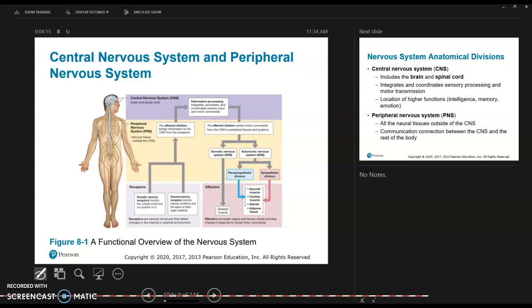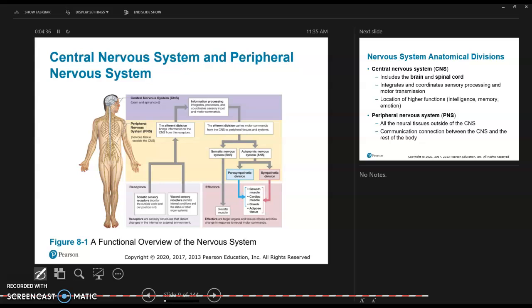So receiving information and then determining what to do with it, basically. And the peripheral nervous system is everything that extends out from the central nervous system. So it's going to include nerves, the cranial and the spinal nerves, as well as nervous tissue.